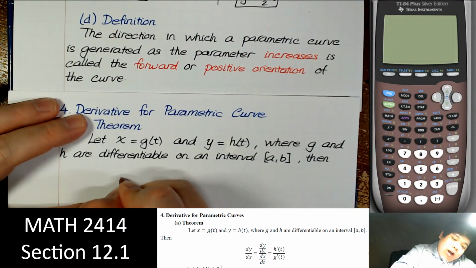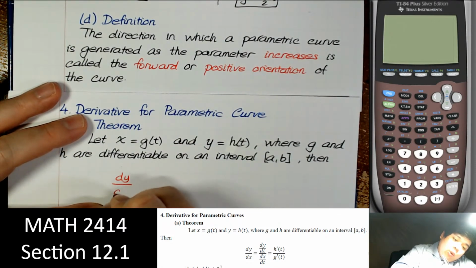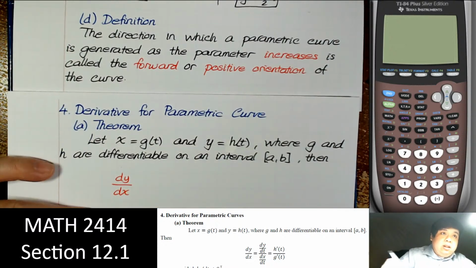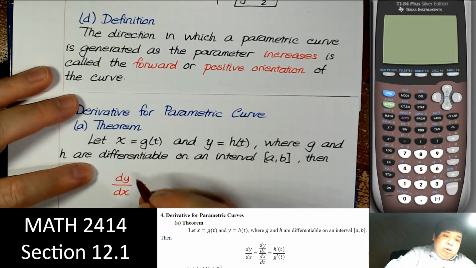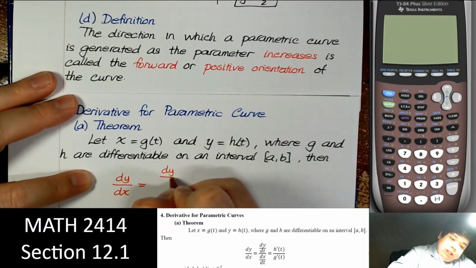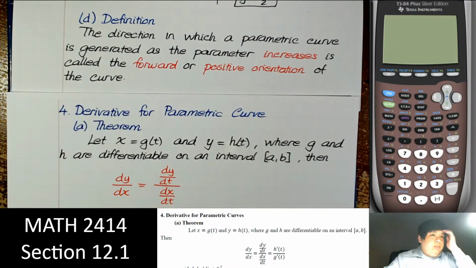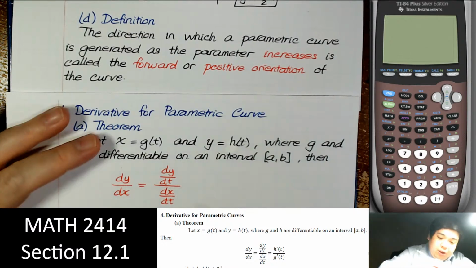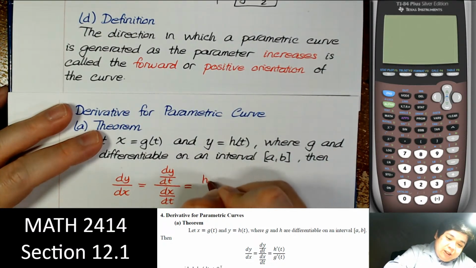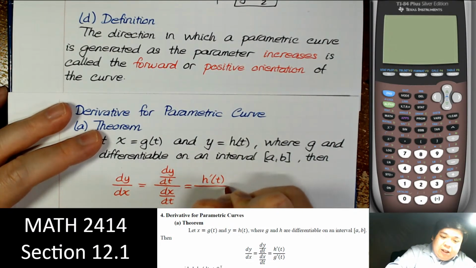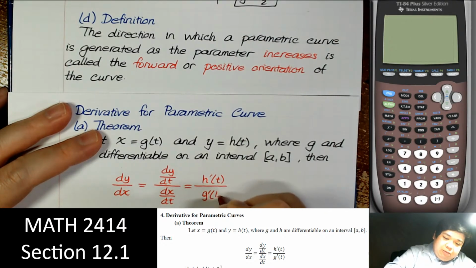But if we want to find the derivative of y with respect to x, this is going to be equal to dy over dt over dx over dt. So take the derivative with respect to t for y, and then for x.